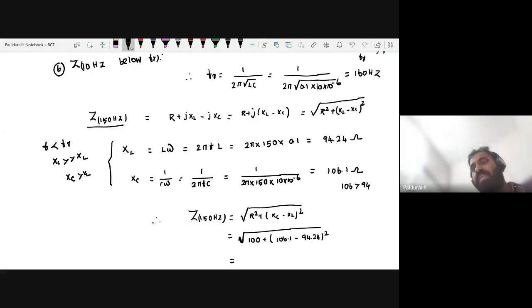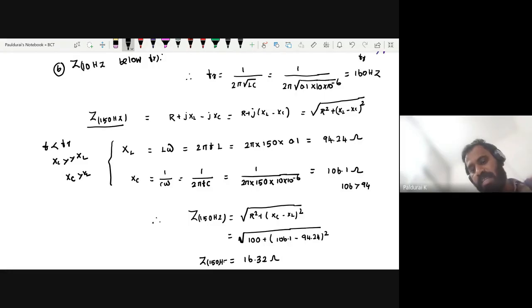If you calculate this, you will get approximately 16.32 ohm. Please verify.